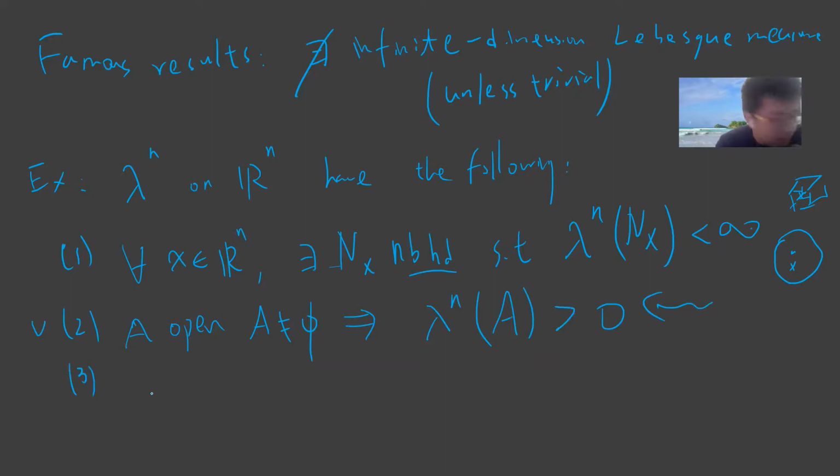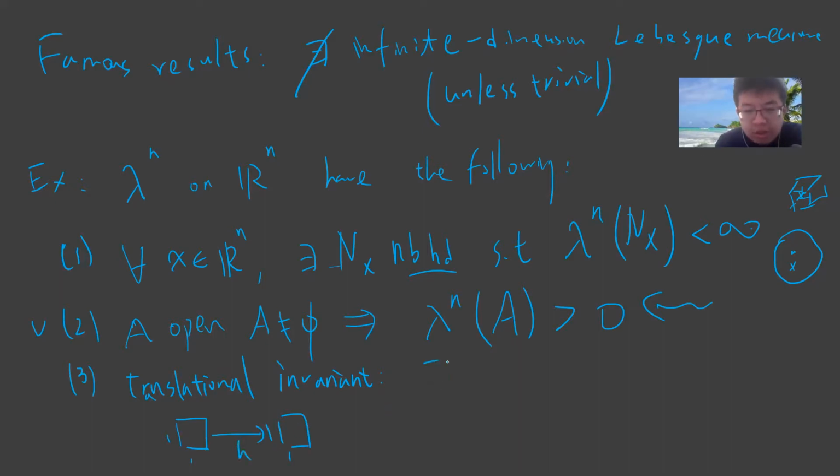The third is translational symmetry, so translation invariance. This is also a common property of the Lebesgue measure, or basically any measure you think of. For example, you have a box with area 1. If you shift it by any length h, it should still have area 1.